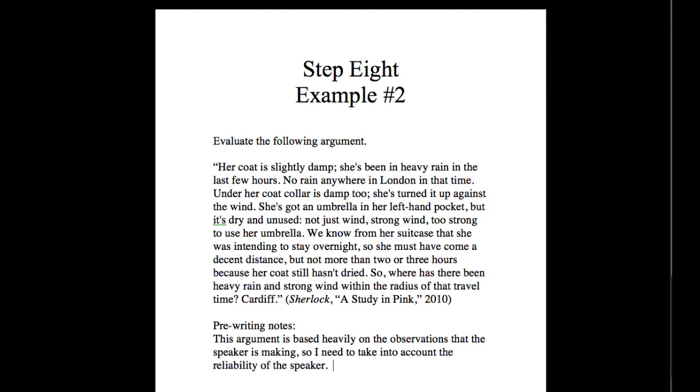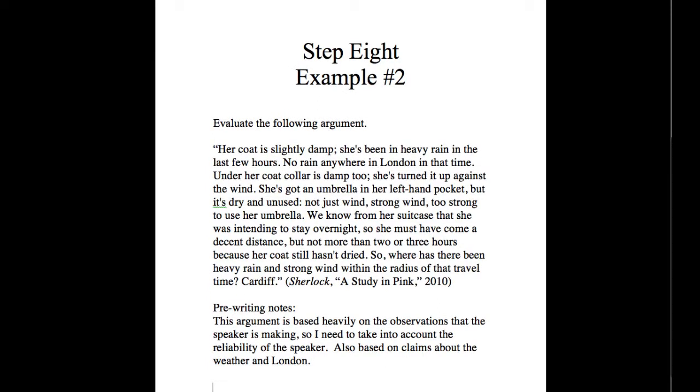So I'm just noticing that a lot of this is first-hand observation, so I'm going to take that into account. Also based on claims about the weather in London. But I'm also thinking about how those observations are being used.